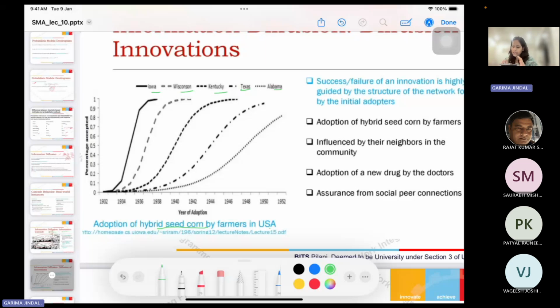You can see a difference in the trends in each state. This could be because of how the seeds were advertised, which influencers you choose, or how the communities were connected there. We are studying all this to motivate ourselves toward this topic: why identifying important nodes first is important, and why studying the spread of information in social networks is important.